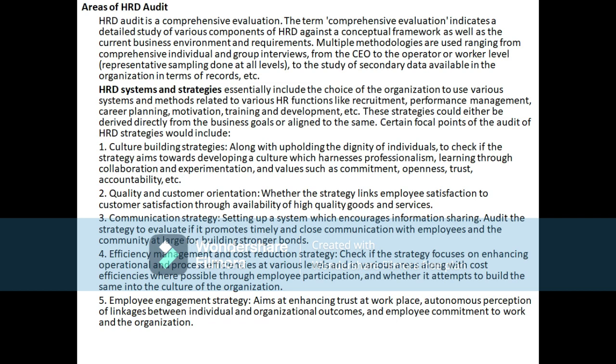Audit the strategy to evaluate if it promotes timely and close communication with employees and the community at large for building stronger bonds. So for example, if the organization is following a strict formal strategy, formal communication sometimes plays a significant role, but at the same time sometimes there is a delay in taking decisions by the top management, because communication should be in a formal way, it has to go from top to middle to lower level, so it takes some time.